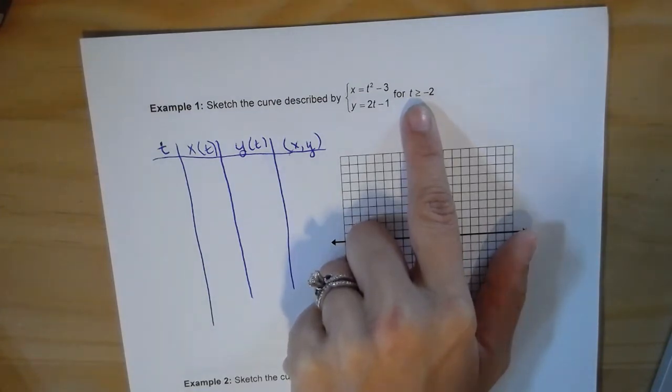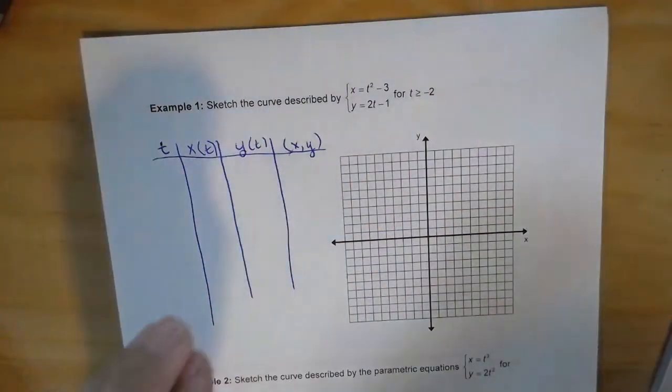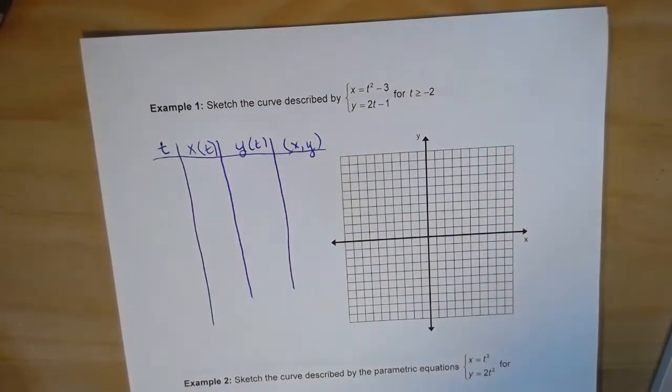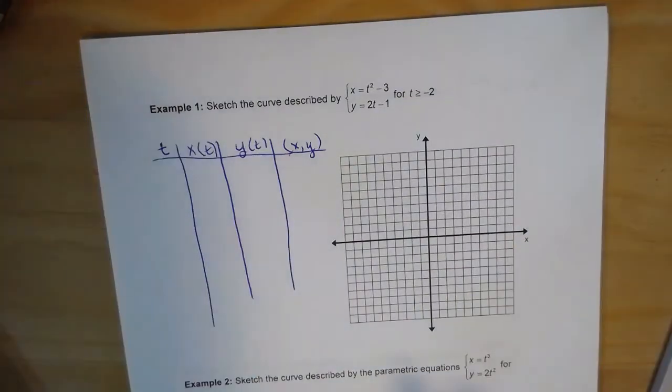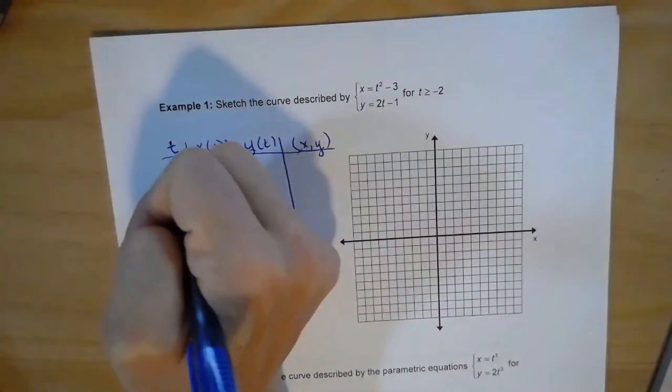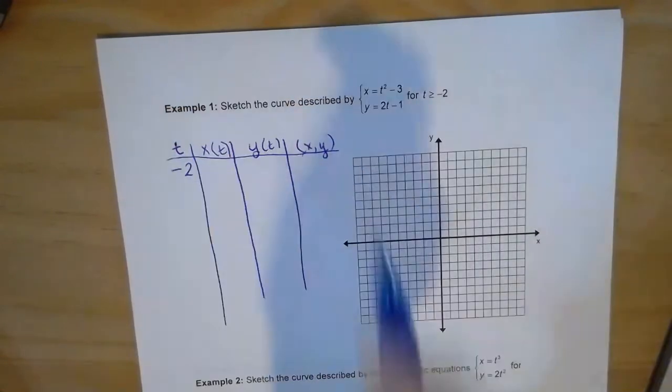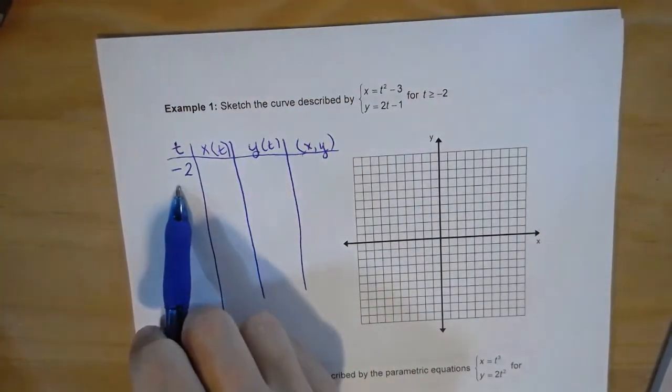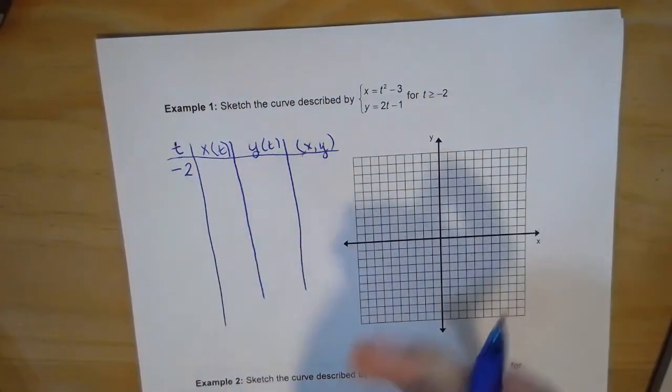Okay, so in this case, this is the general setting. T doesn't necessarily mean time, and it can't, because we would never have -1 and -2 time. We would never go back in time. Okay, so I'm going to start with -2, and it starts at -2.